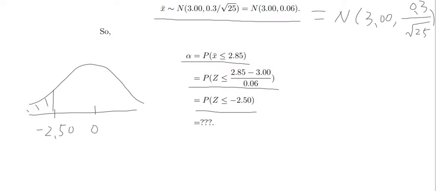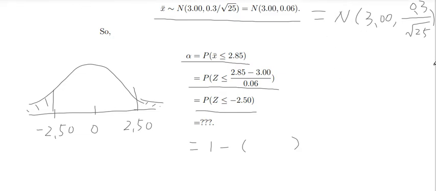But in the normal table we can only check 2.50, right? So this probability is just 1 minus the value for 2.50 from the z table.